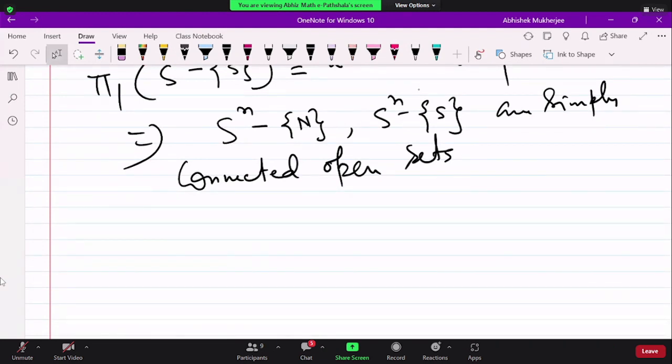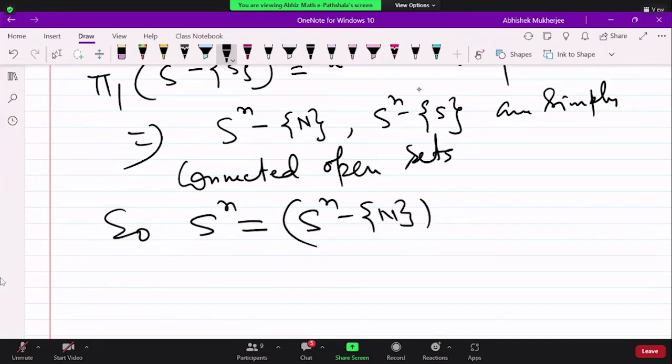That means two open sets, and their union will cover this one.